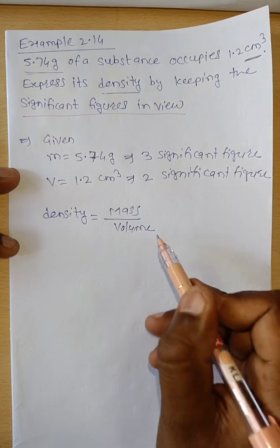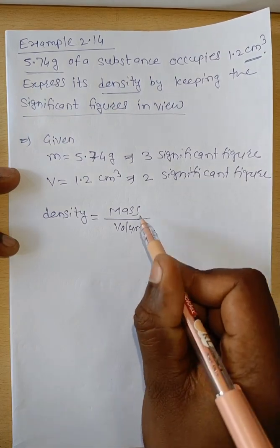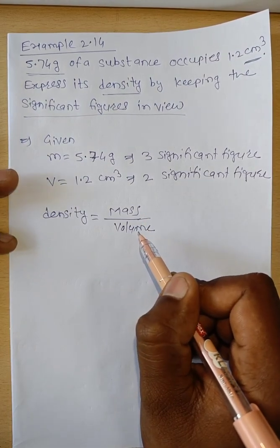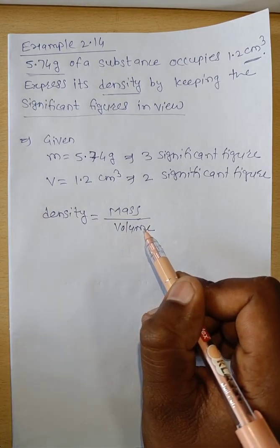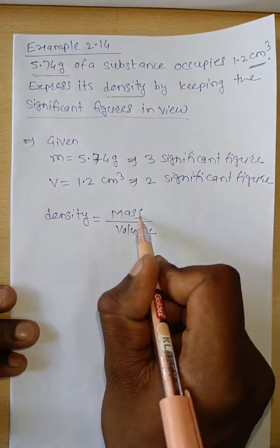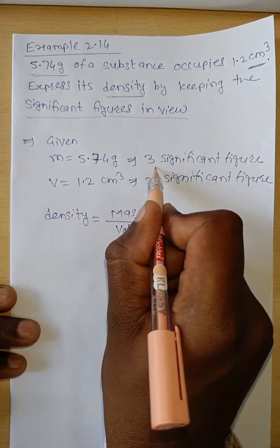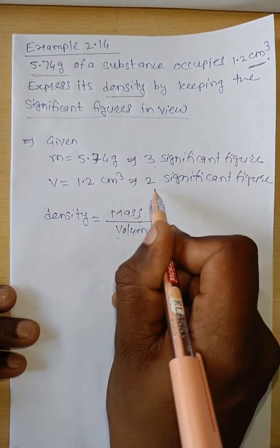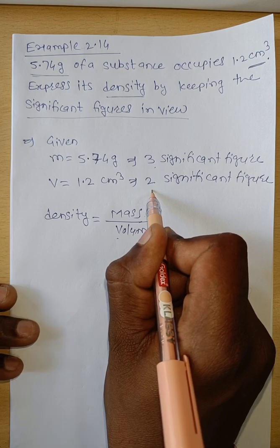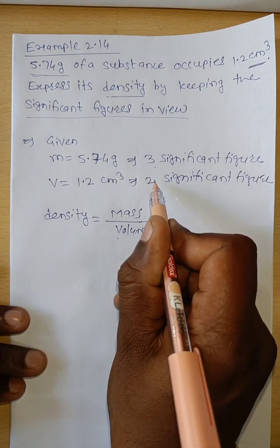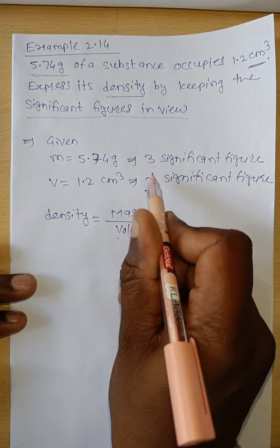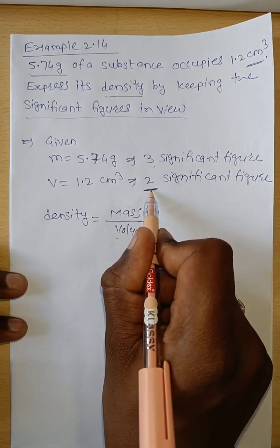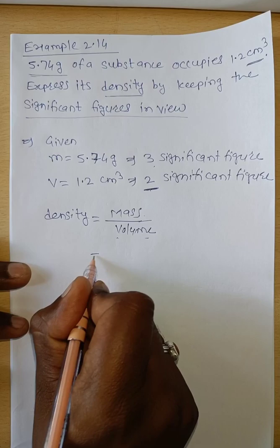Now when we perform multiplication or division, our answer should have the least number of significant figures. Here the mass has 3 significant figures and the volume has 2. Whichever is less, the volume has 2 significant figures, so our answer should be in 2 significant figures.